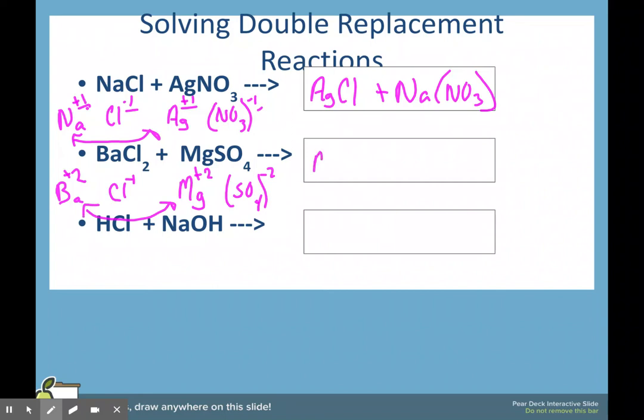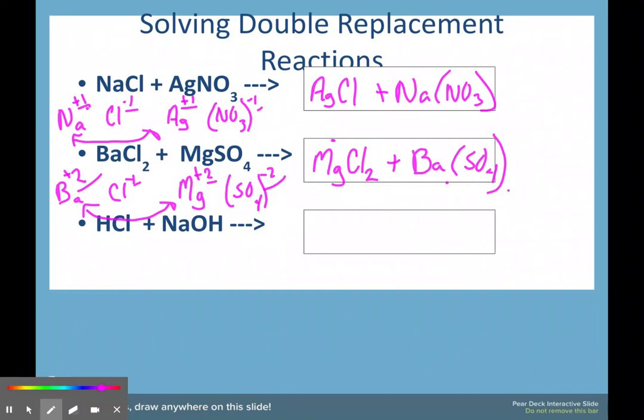So now Mg will be with Cl, but Mg's a 2 and chlorine's a 1. So we need to bring down the 2 there. Plus, now we'll have our Ba with our SO4. So Ba, SO4. And since both of those are 2, if we crisscrossed, we'd have a 2-to-2 ratio, and those would cancel to 1-to-1. Let's look at the next one.